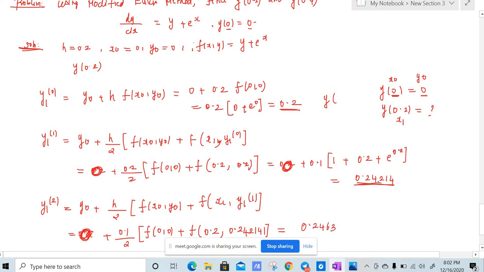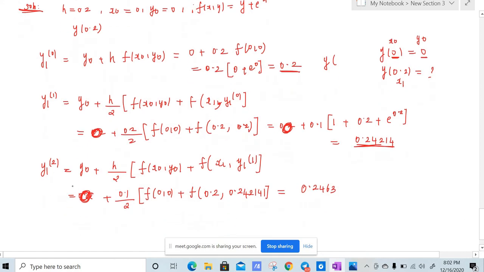Again you can see, up to 3 decimal places, this is 0.242, this is 0.246, so it is not the same. So we will find y1 of 3. So y0 plus h by 2 into f of x0 comma y0 plus f of x1 comma y1 of 2.